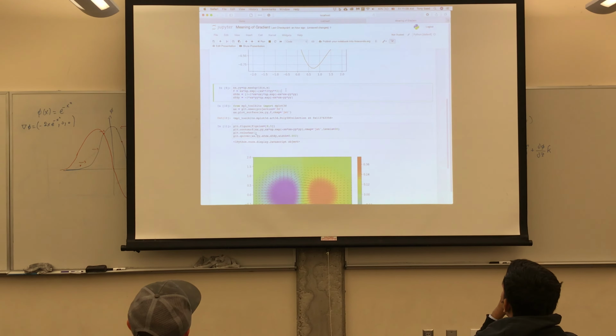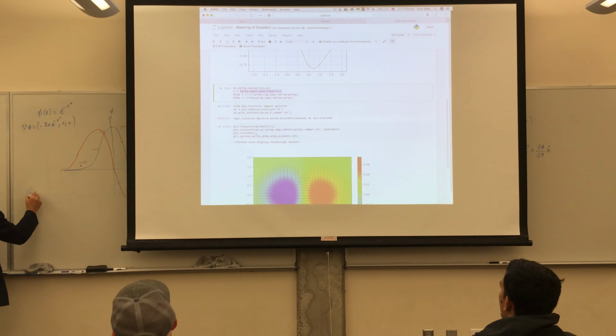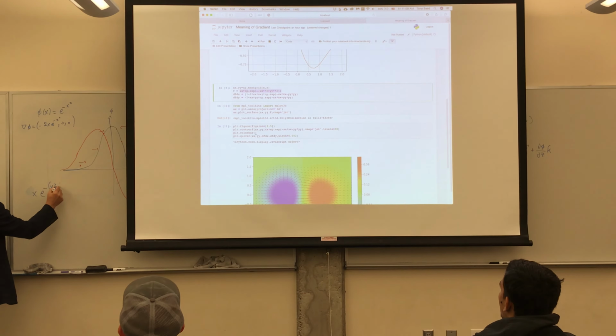But what's interesting here is I'm going to look at the gradient of the function x e to the minus x squared plus y squared in parentheses.